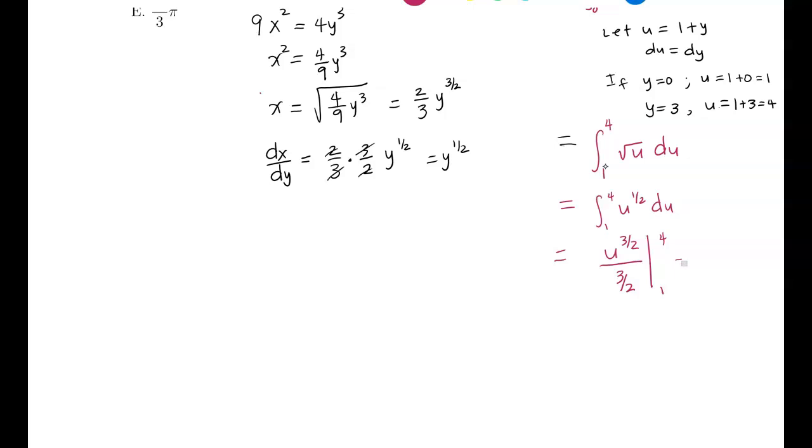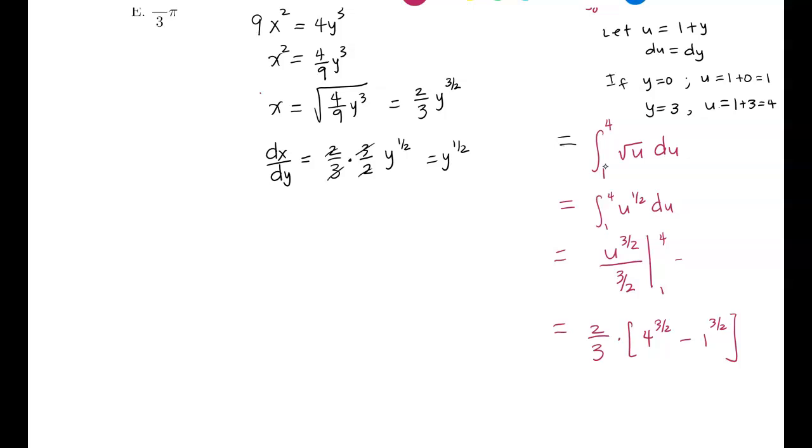So when you evaluate that from 1 to 4, get the reciprocal, 2/3. And then you have u is 4, so times 4 to the 3/2 minus 1 to the 3/2. 4 to the 3/2, 4 is 2 squared, so the 2 will just cancel.